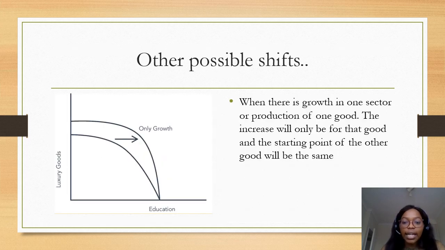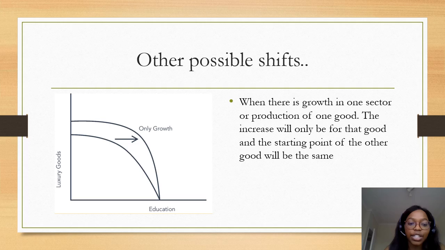And then let's look at other possible shifts. There can be a situation whereby production in one sector of the economy improves because of better technology or better techniques, but in the other sector of the economy it remains the same. Let's take, for example, luxury goods and education.